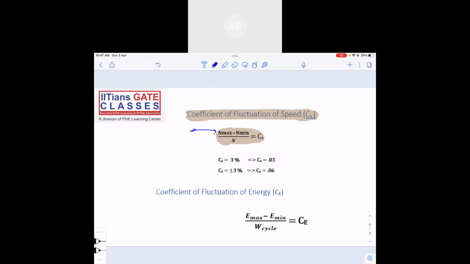N min, I have already seen what N min is. What is N? This is nothing else but N mean, that is equal to N max plus N min divided by 2.